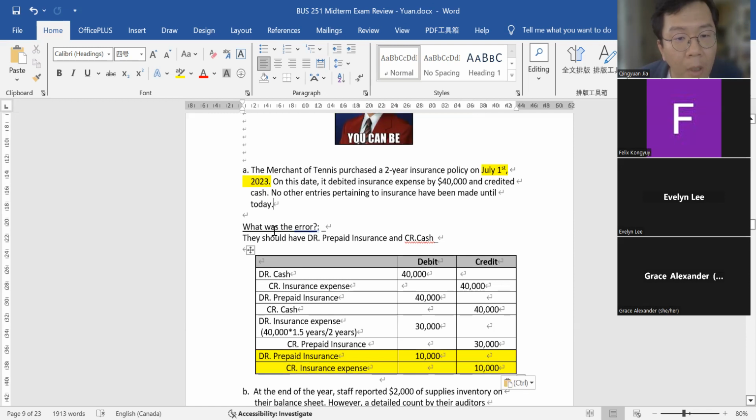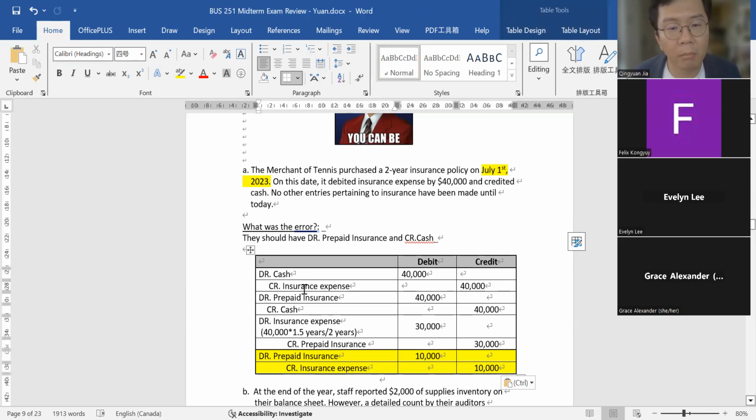But I think it depends on the context. If you read from the context or from the question, if they credit cash, it means you assume that they received the cash. If they used accounts receivable, then probably you could use accounts receivable. But for this, they paid this amount by cash, right?